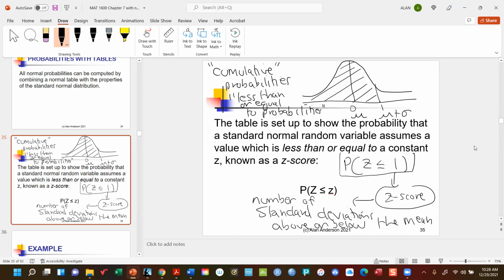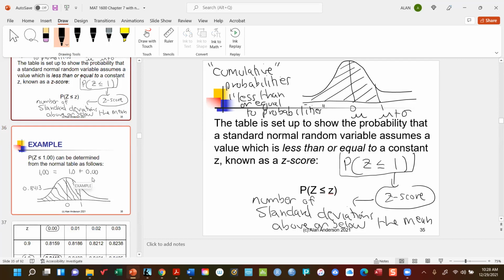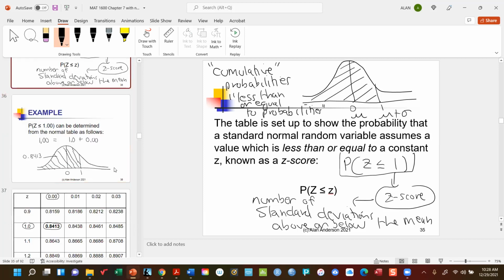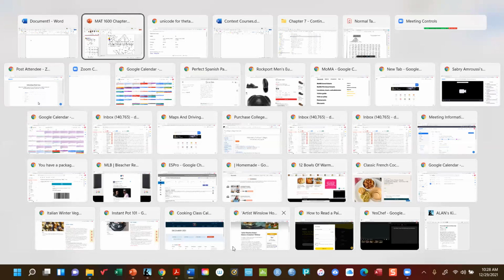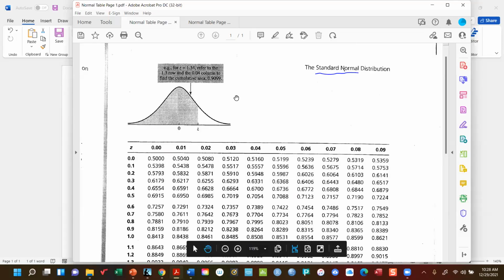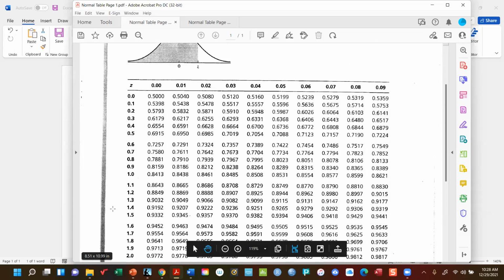Well, what I'm going to do is go to my table. We have to be careful about the way the table is set up. It has two critically important pieces of information. The top row and the first column contain what we're looking for. What we're effectively going to do is combine what's in this first column with what's in this top row.